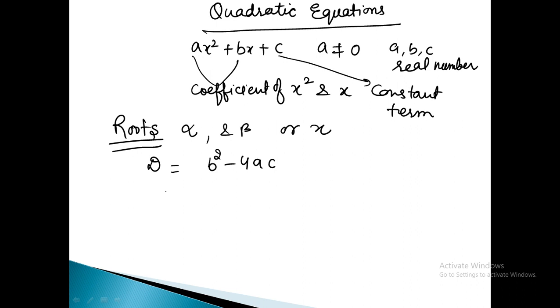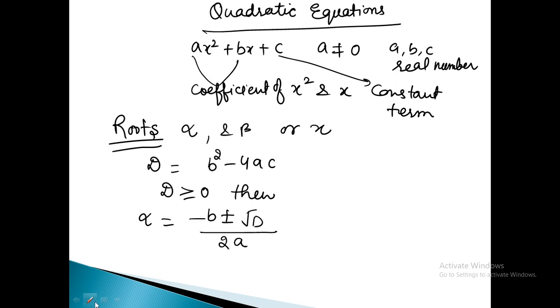After that, we have to check: if D is greater than or equal to 0, then we can find the roots. Roots can be found by this formula: alpha is equal to minus b plus or minus root D over 2a.